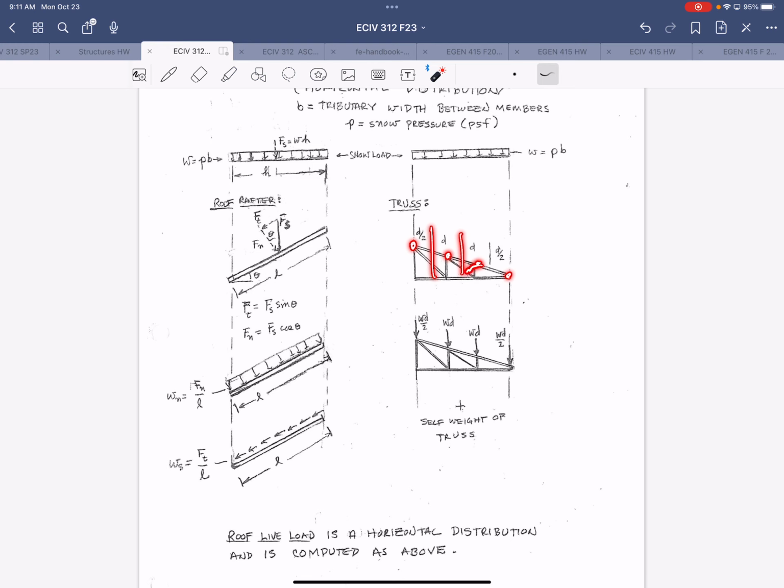Even though in reality it will be a distributed load along the top chord, in most cases you could configure it so that it's only distributed to the joints, but regardless, we treat it as though it's only point loads at the joints. So you identify the tributary width for each joint, calculate what that point load would be, and apply it like that. So it's a lot simpler to distribute snow loads to a truss.